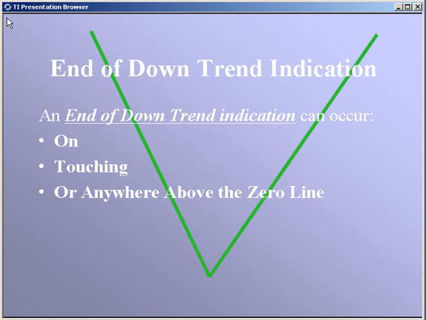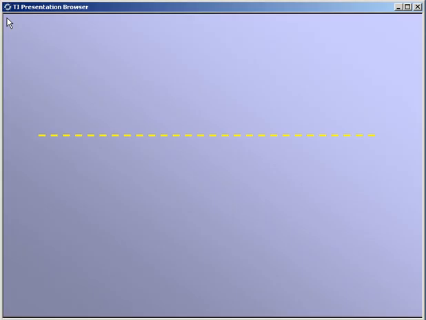The flip side to the end of the uptrend is the end of the downtrend indication. They can occur on, touching, or anywhere above the zero line. Let this dashed line once again represent our zero line, identified by the black arrow.